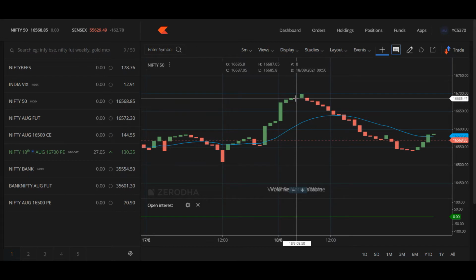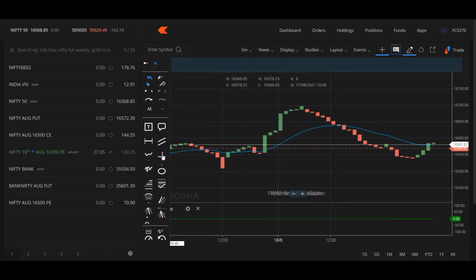You have 1, 2 and 3, and all 3 are telling you it's a green trend, the market is in an upside bullish move. But what is happening is this particular candle is actually breaking the first candle.